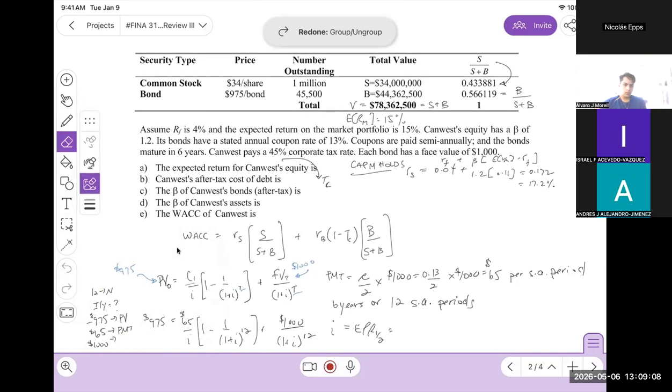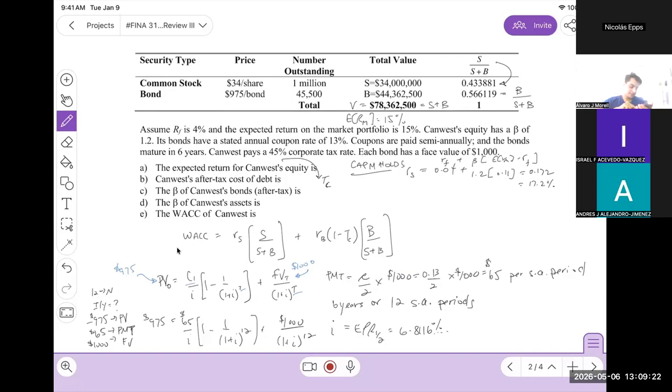You can't seem to clean that up. It gives me 6.8116 and others. Is that what everybody else is getting? Yeah, that's right. So that's EPR 1/2.